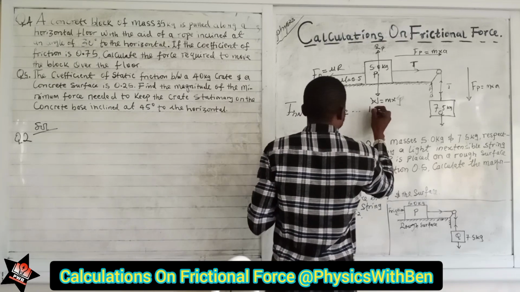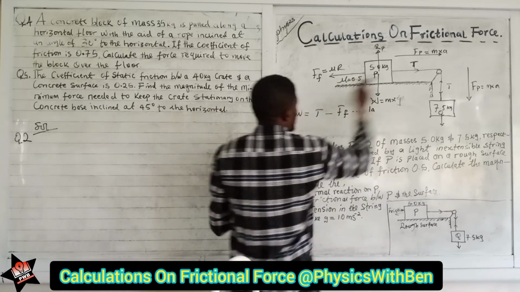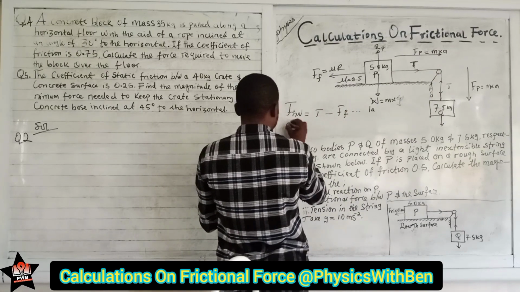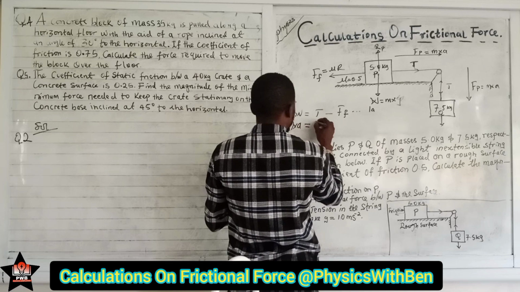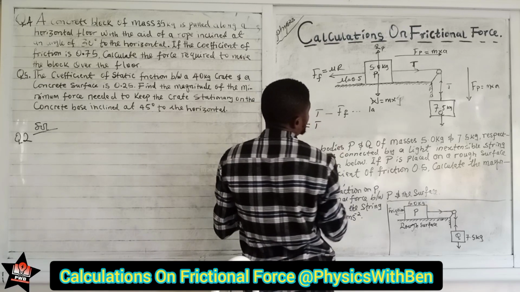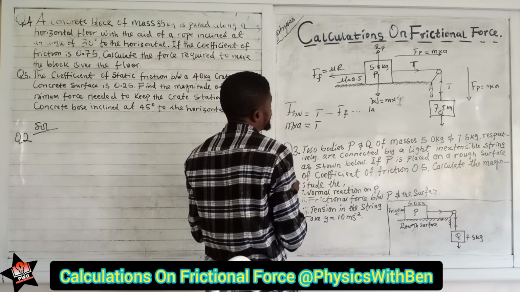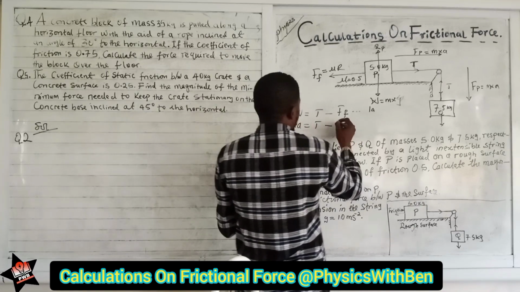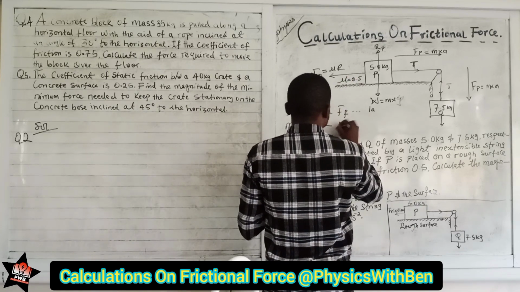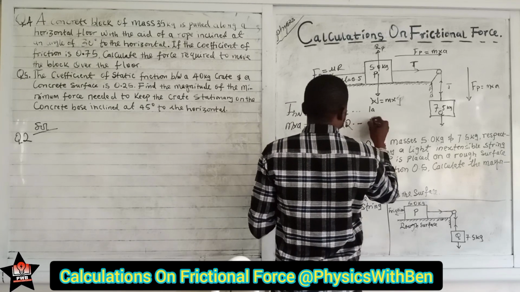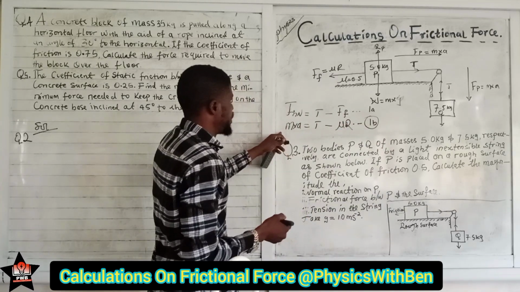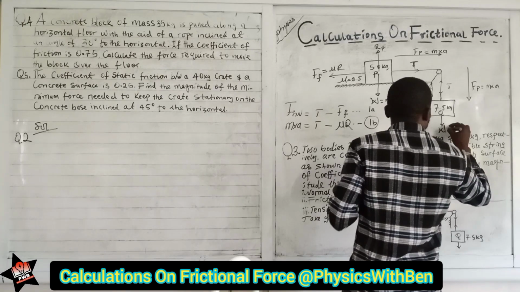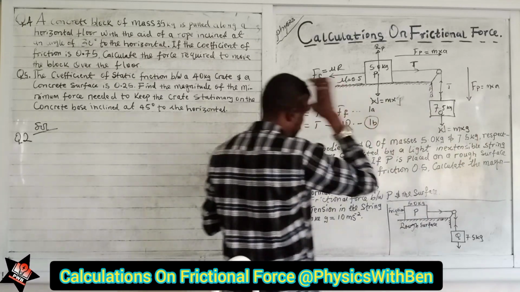We call this equation 1A. And this also means Fp, which means mass times acceleration is equal to tension minus the frictional force mu R. Let's call this equation 1B. So downward here, this weight is equal to mass times gravity.